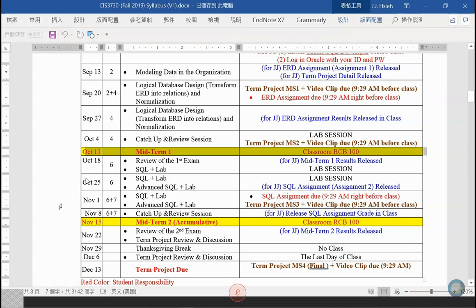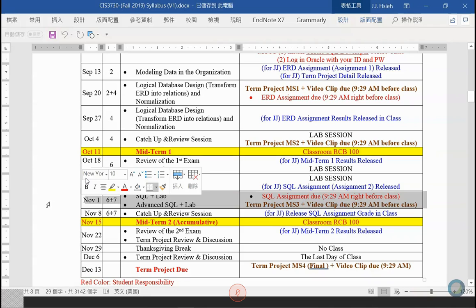Milestone 3, let's follow the syllabus. Milestone 3 will not be due until November 1st. Yes, milestone 3 is due on November 1st.